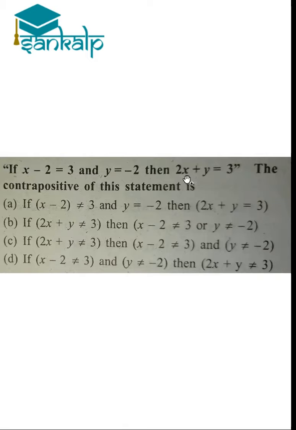So for the contrapositive, we need to take the negation. So the negation of this will be 2x plus y not equal to 3. So here you can see, y equal to minus 2, then 2x plus y equal to 3.